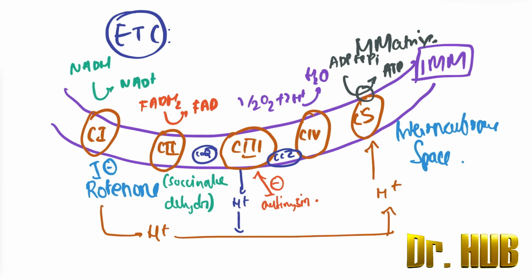Then looking at complex 4, the inhibition is by three things: cyanide, CO, as well as azide. So this is the inhibition. Complex 4 also gives H plus to complex 5.